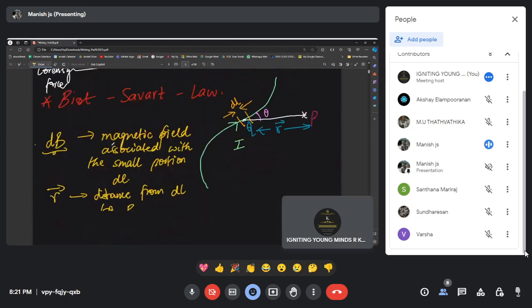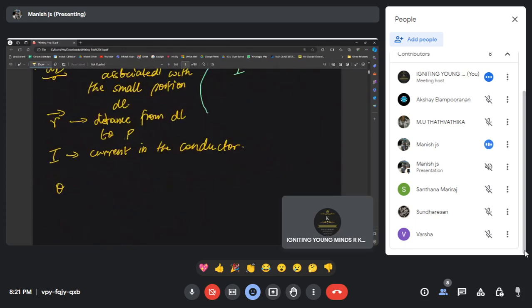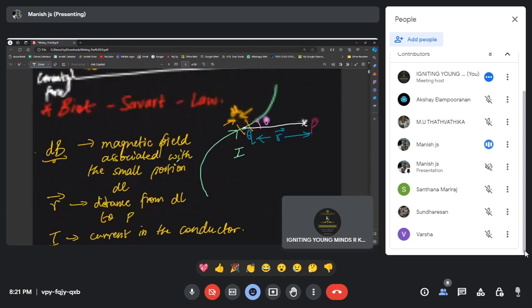And theta is the angle between the small element dl and r bar. So these are all the representations that I have used in this figure.